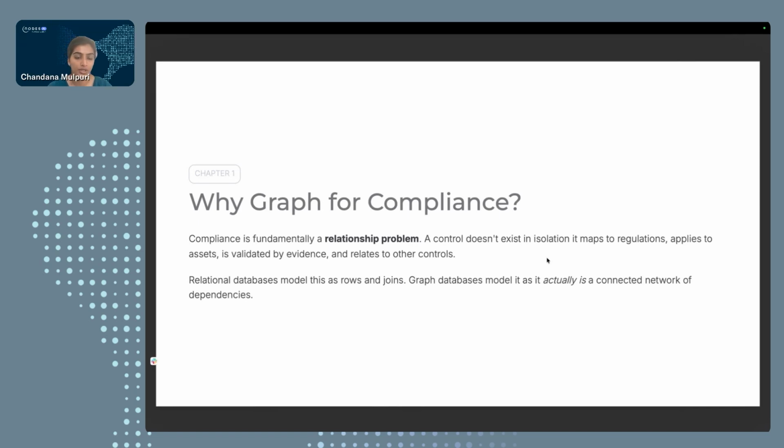A relational database models this as rows and joins, while a graph database models it as a network of dependencies.